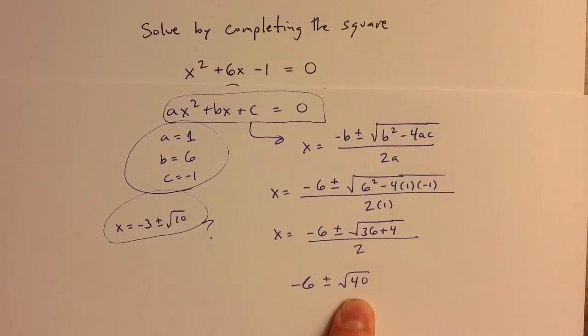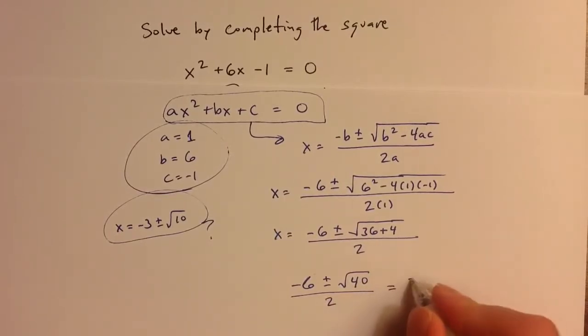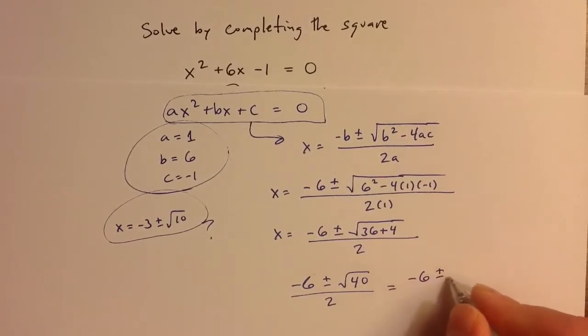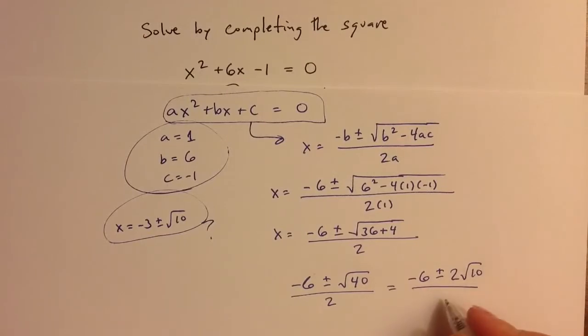Remember, though, we can factor out perfect square factors. 40 is exactly 4 times 10, and the square root of 4 is 2. So this is the same as negative 6 plus or minus 2 square roots of 10. And that's actually a really good thing, because in order to divide the 2 in the bottom with the numerator, I need 2 to be a factor of both of those.